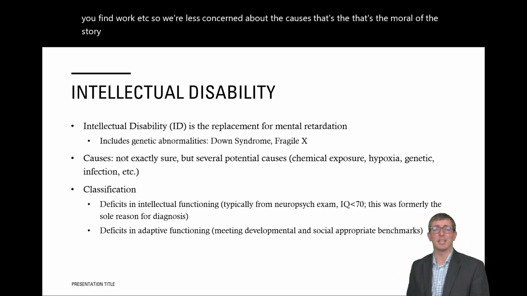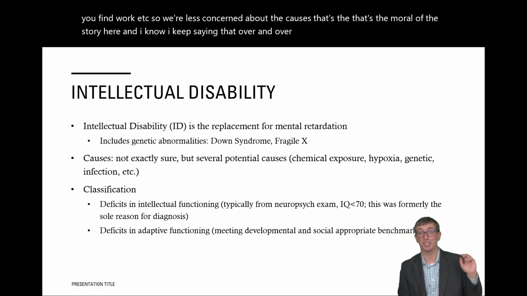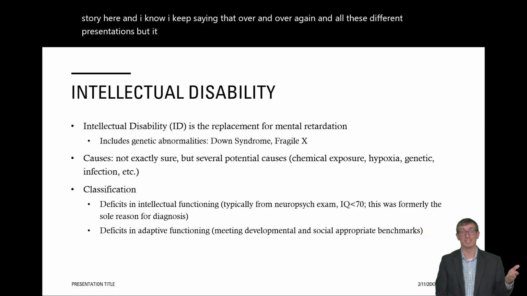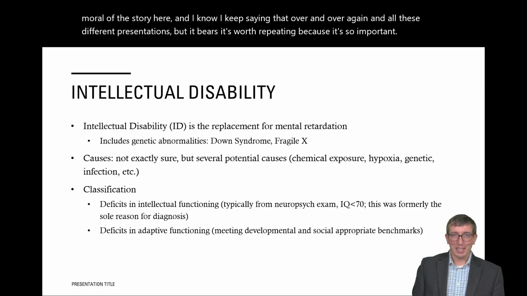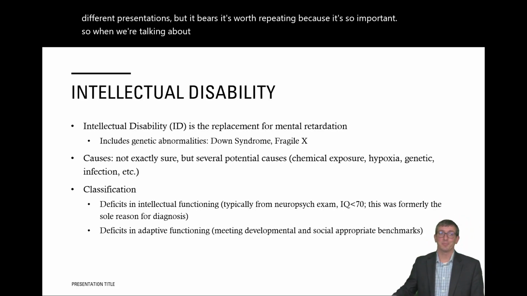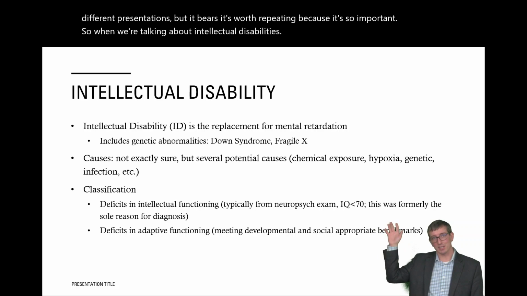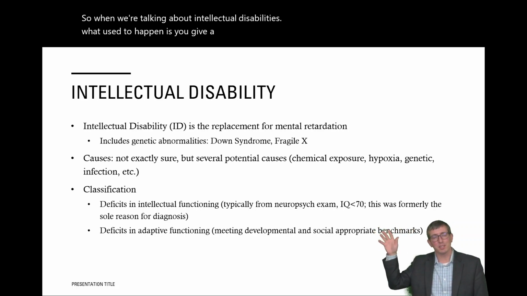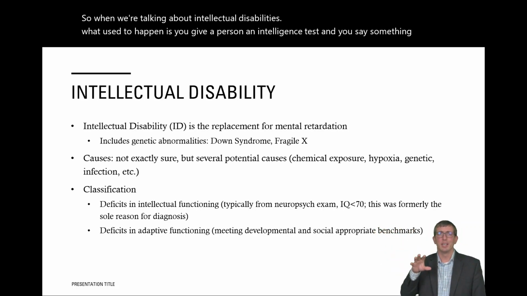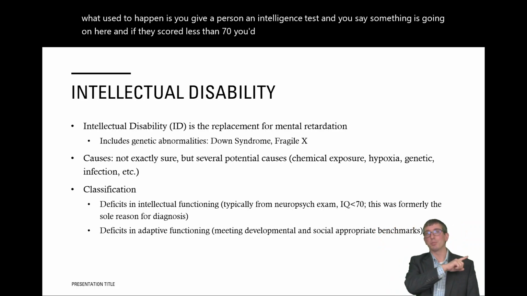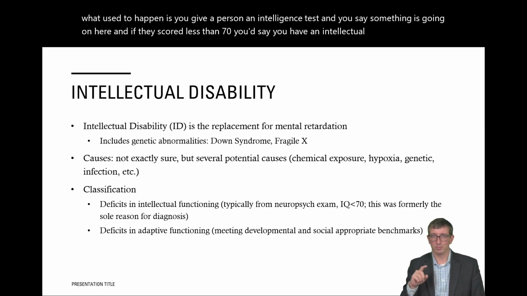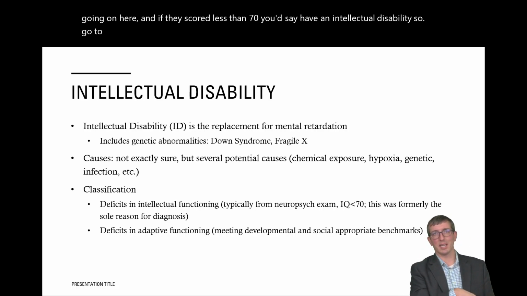And I know I keep saying that over and over again in all these different presentations, but it's worth repeating because it's so important. So when we're talking about intellectual disabilities, what used to happen is you give a person an intelligence test and you say something's going on here. And if they scored less than 70, you'd say, you have an intellectual disability. So go to that hospital and stay there for the rest of your life.